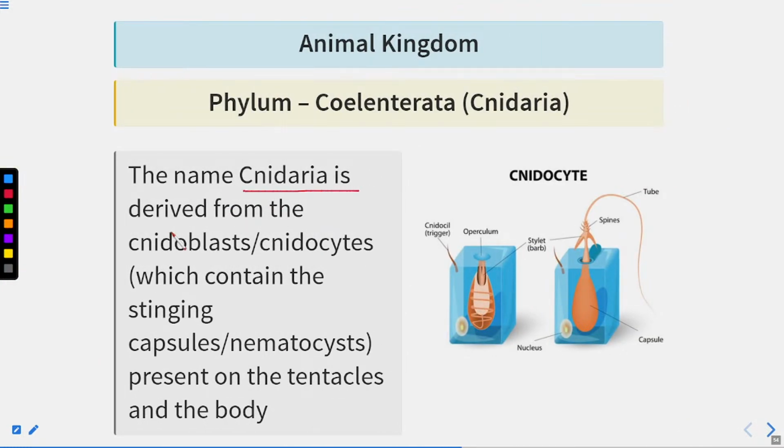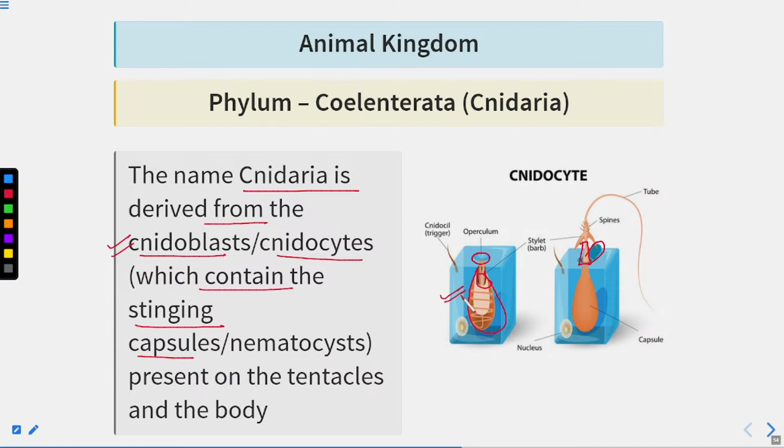The name Cnidaria is derived from the cnidoblast. Now, as in the case of Porifera, the coinocyte cell is very, very important. In the Cnidaria, this cnidoblast cell is very important. Cnidocytes contain the stinging capsule, nematocysts, present on the tentacles and the body. So, here you can see, this is the capsule region. Now there is a shaft and this is the shaft. This is the operculum. Operculum is closed here when the cnidoblast is closed.